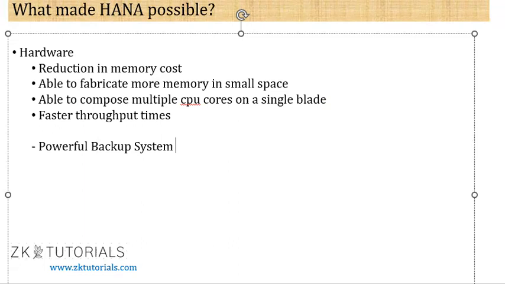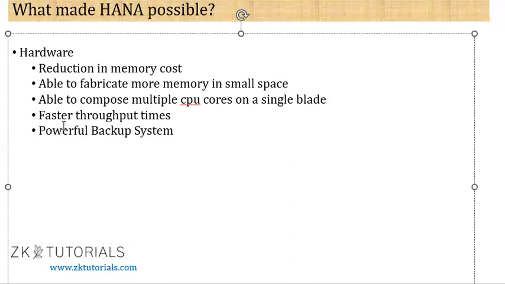Because as you know, if the data is in memory and the power goes off, a powerful backup system can supply uninterrupted power. So they are also responsible for putting the data in a safe state. Is it fine for the hardware type?